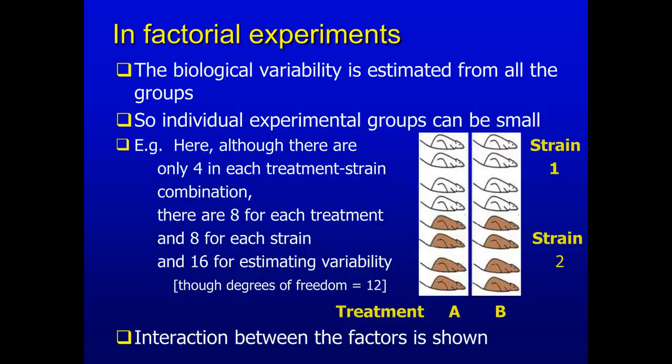And in these sort of experiments, because you're estimating the biological variability from the whole of the experiment, the individual experimental groups, in this case, say strain 1, treatment A, can be quite small. Here, although you have only 4 in each strain treatment combination, there's 8 for each treatment, and 8 for each strain, and 16 for estimating variability. Although because of other constraints, you don't get all the 16, 15 degrees of freedom.